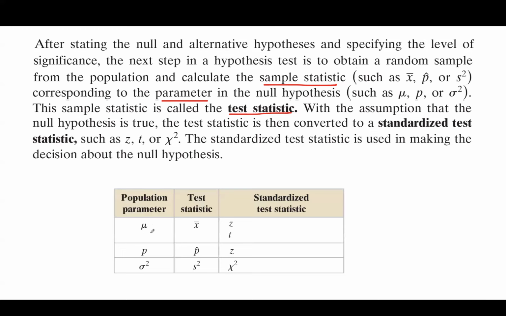If the population parameter is mean or mu, the test statistic is x bar, and the standardized test statistic is z and t. If the population parameter is p, proportion, the test statistic is sample proportion, and the standardized test statistic is z. If the population parameter is the variance, you're going to use sample variance, which is your test statistic, and the standardized test statistic is chi-squared.